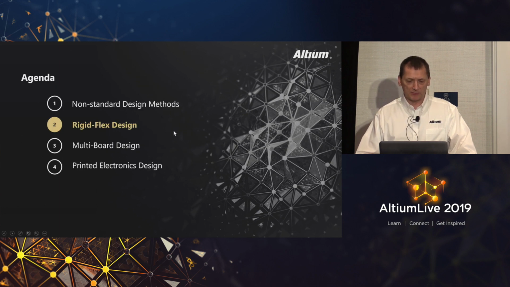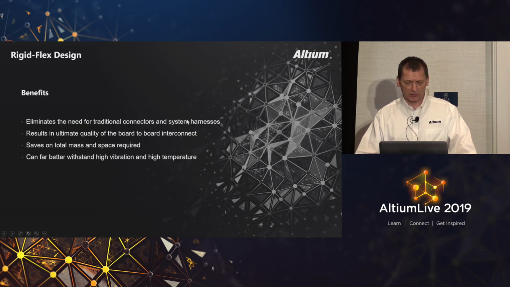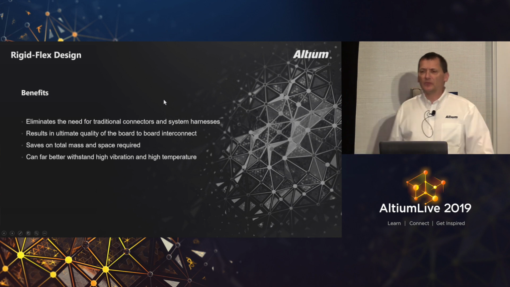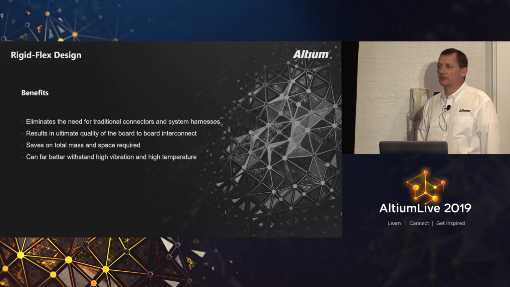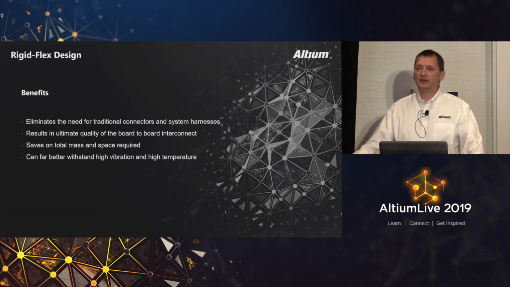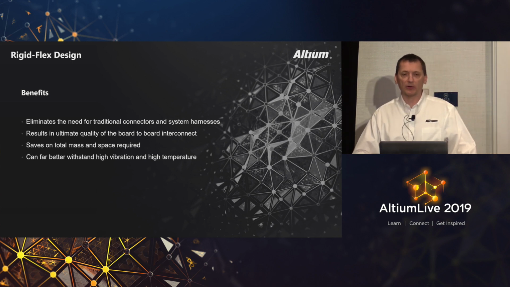Probably what I would say most folks are curious about would be rigid flex design. So some of the benefits, it eliminates the need for traditional connectors and traditional wire harnesses. So that alone is pretty valuable.